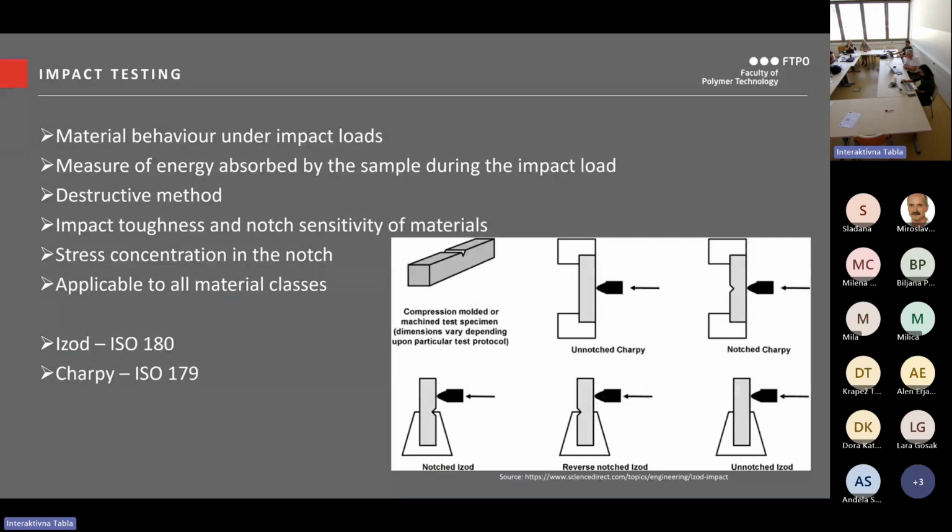The notched impact toughness and ordinary impact toughness are not always following the same trends, because the notch is actually used to concentrate the stress at the end of the notch, and not all materials are sensitive.